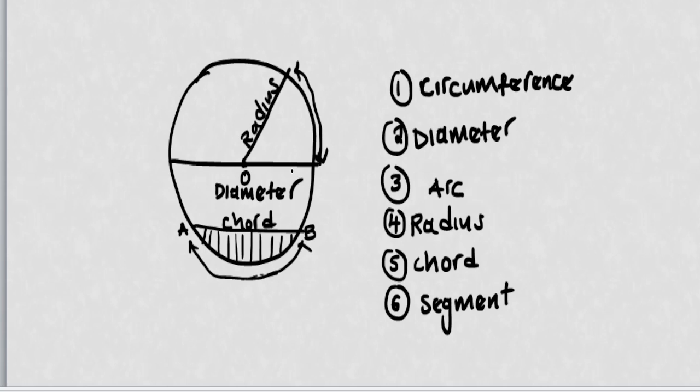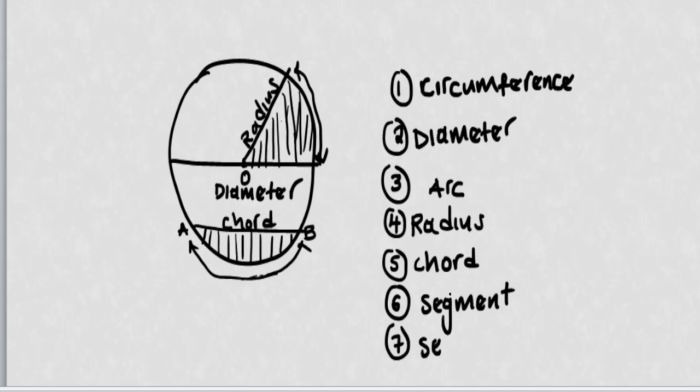So 2 radii, when they stretch to form a straight line, make the diameter. So from this center to a point here, this is also a radius, and that is O. So this distance that is covered here, this area here is what we call a sector. So that is the area that we call a sector.